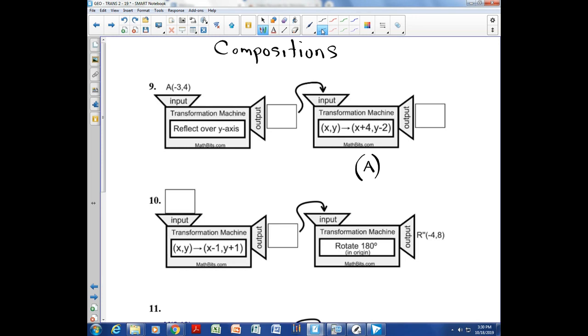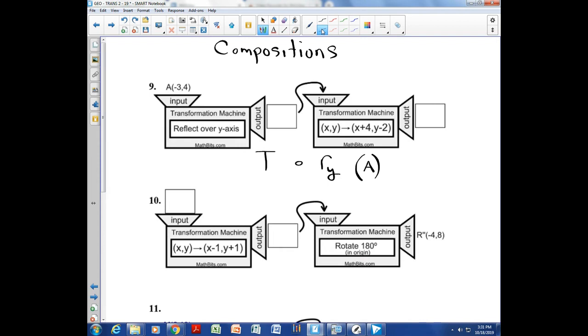Since the first thing acting upon point A is a reflection over the y-axis, I would move from right to left, and I'd say point A is going to be reflected over the y-axis. But then if we're going to take that point after it's been reflected over the y-axis and do something else to it, we're going to put a little circle here. That means we have a composition. We have more than one action happening to this point. And then, as you can see, it's a translation.